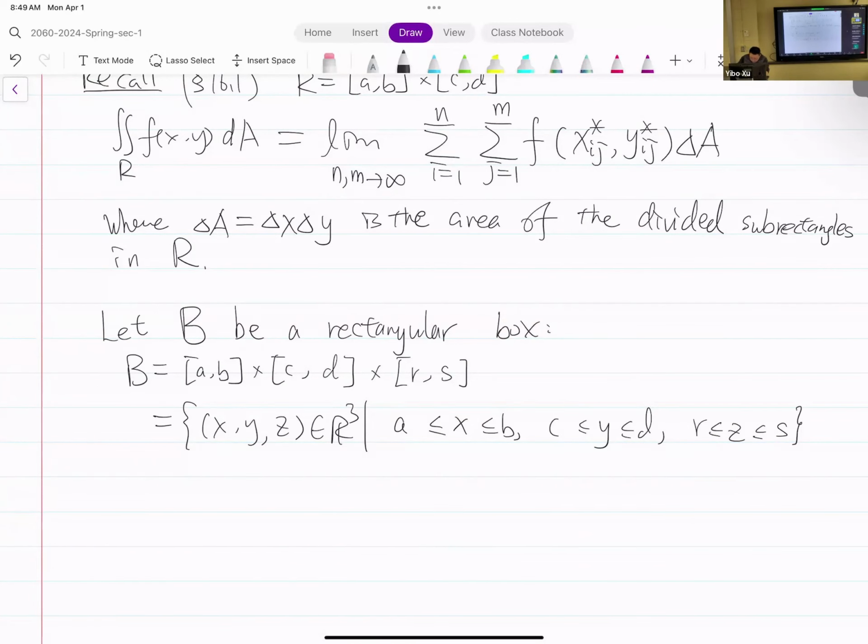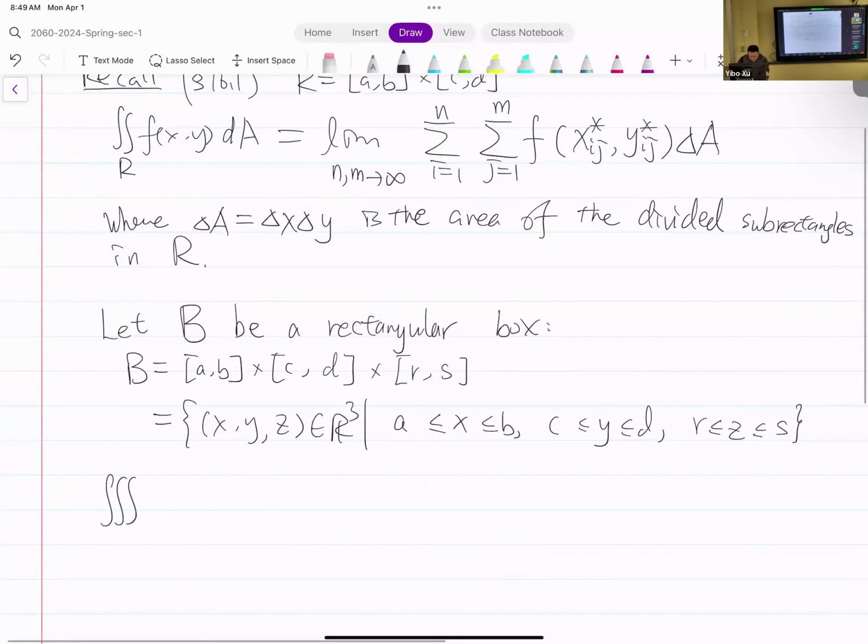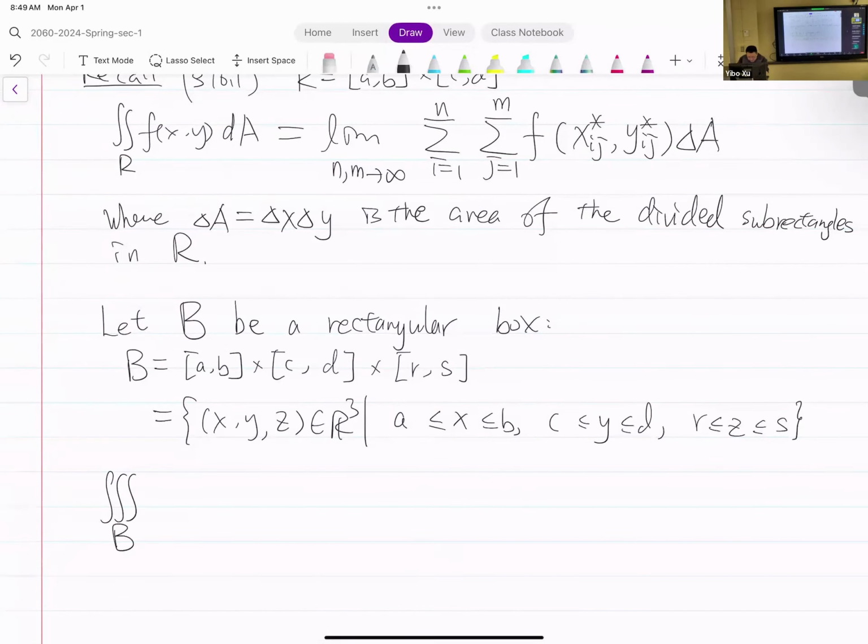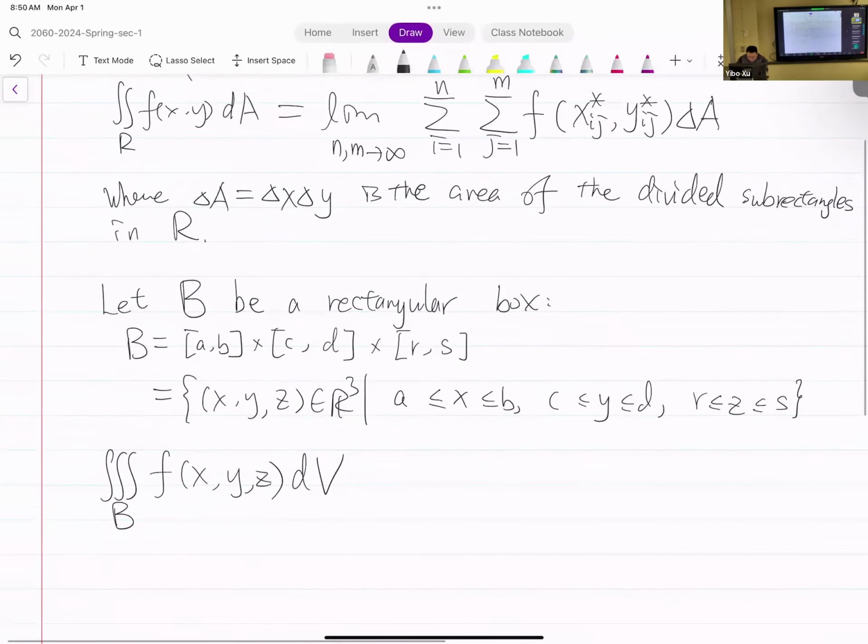For a triple integral, the notation is that we have three integral symbols. We put cap B at the bottom. So we accumulate f of x, y, z, the functional value, multiplying by the way that you subdivide this rectangular box B. So dV is now the volume, the 3D version of it.